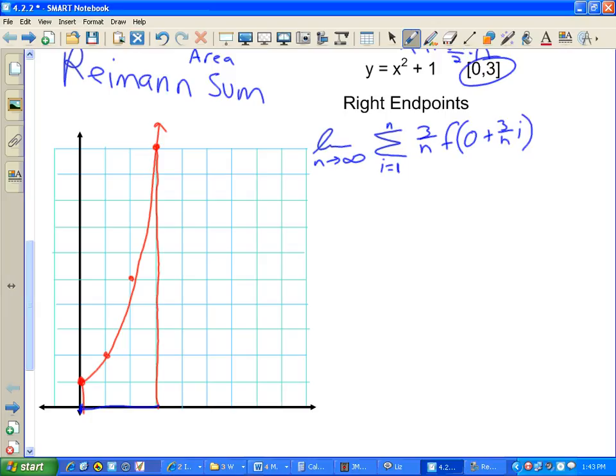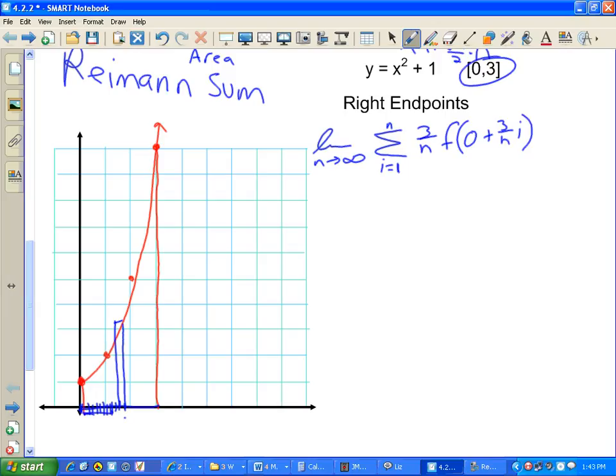Okay, so if I pick a random rectangle in here, let's say it's this one. I'm using right endpoints. This is my ith rectangle. There's been a bunch of rectangles coming up to this one, but this is the ith rectangle, and its height would be i widths away from my start point.